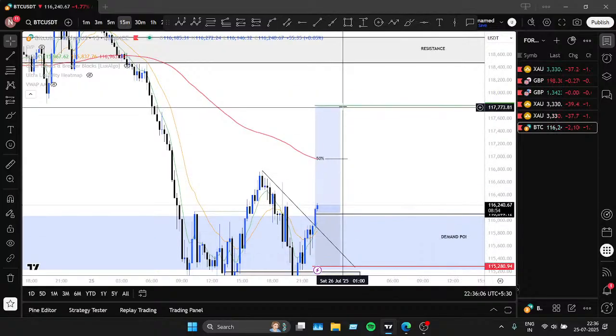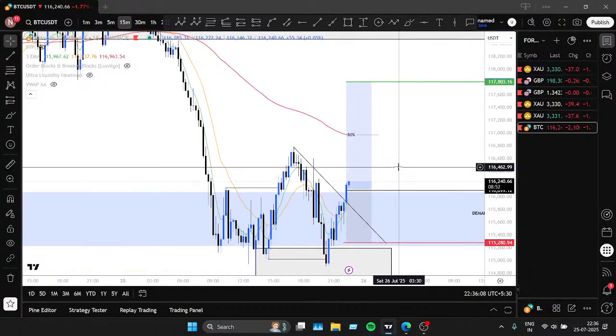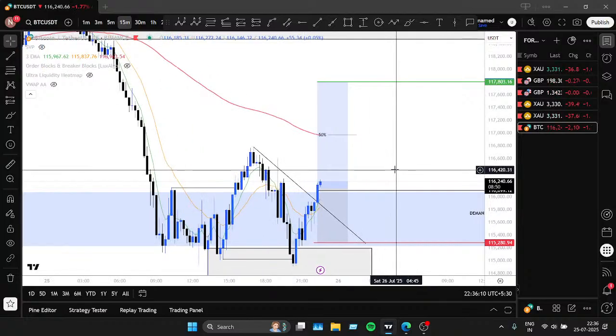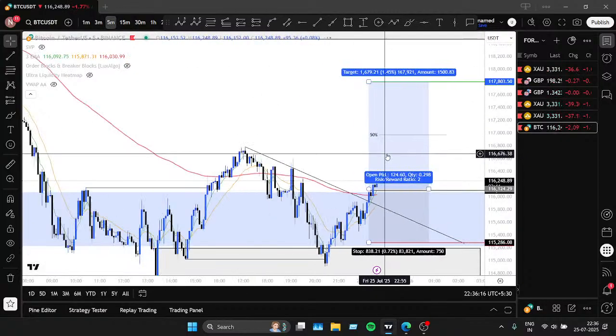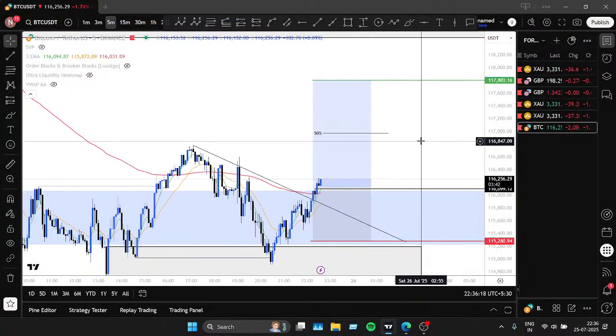It might continue or it might dump, so we cannot predict what's gonna happen on Mondays. So instead it's better to secure capital and book your profits.